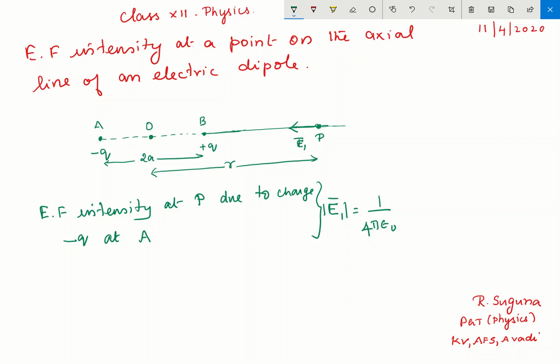Now, what is the magnitude? That is nothing but 1 by 4 pi epsilon naught Q divided by the distance AP squared.